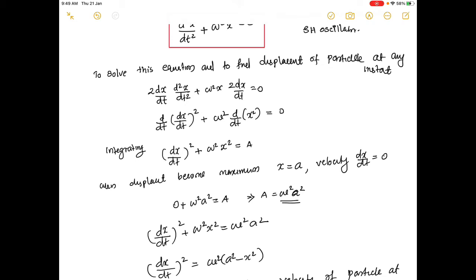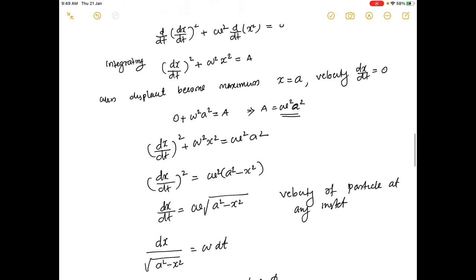Substituting in the above equation, dx by dt becomes 0, so capital A is omega square a square. Substituting this in the above equation, we get dx by dt equal to omega into root of a square minus x square. This is nothing but the expression for the velocity of the particle at any instant.